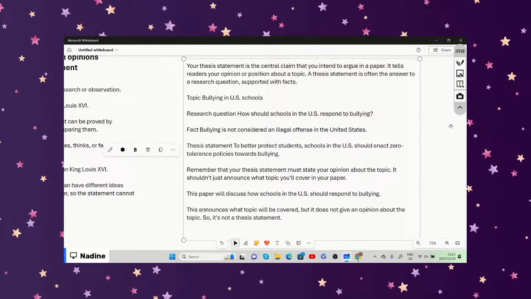What are the things that you intend to argue within the paper? And even though you're giving your opinion, it needs to be supported by facts, right? You give your opinion, yes, but it also needs to be supported by facts.